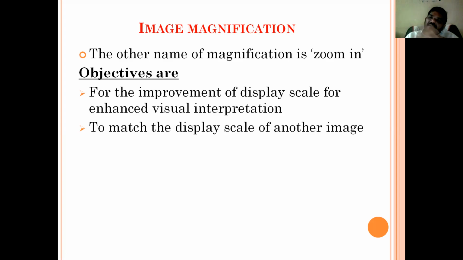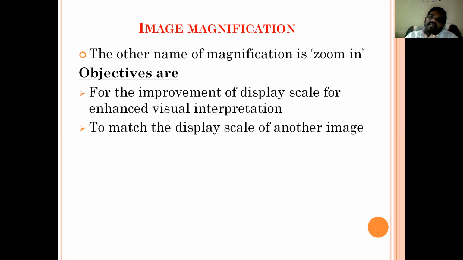If you want to add color for one particular structure, how many colors you use for that structure depends on the availability of colors. Am I right? In the same way, when you are magnifying the image, that must be within the range of, or as per, the display scale of the device.